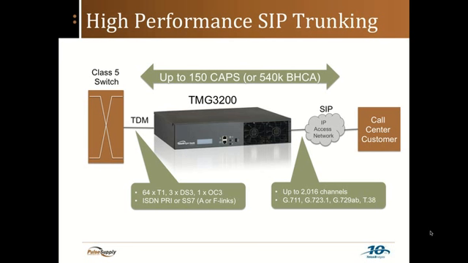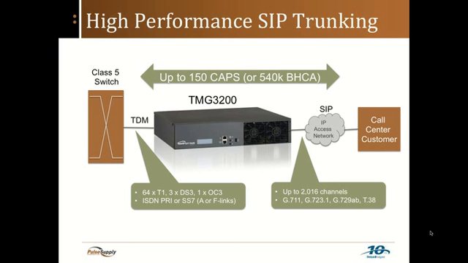So what I'm showing here is the Telcobridges gateway interfacing on the left-hand side with the T1 interfaces or DS3 interfaces or an OC3 interface, and supporting ISDN PRI or SS7 signaling.